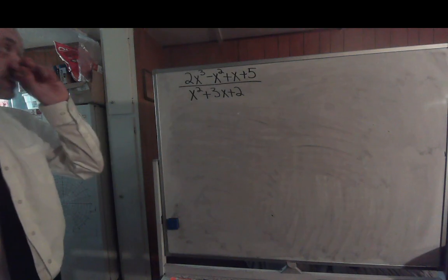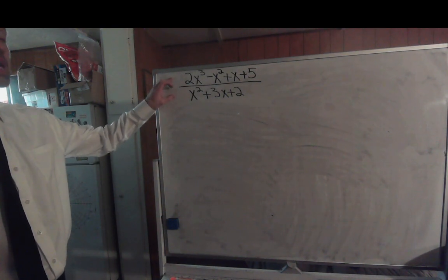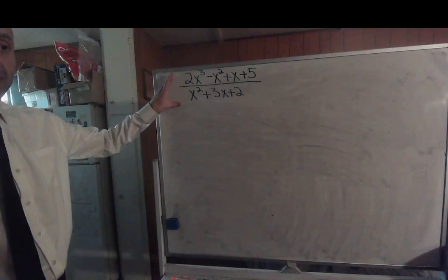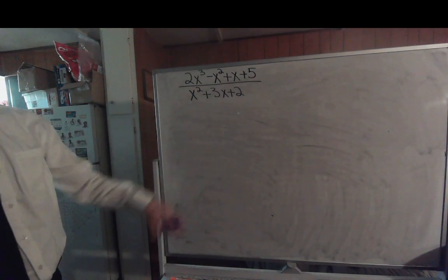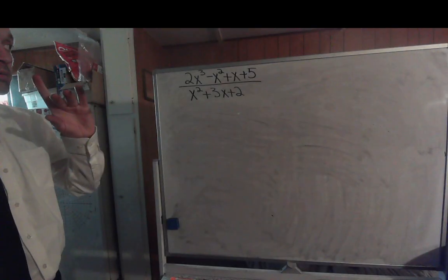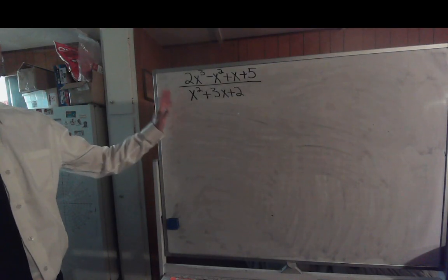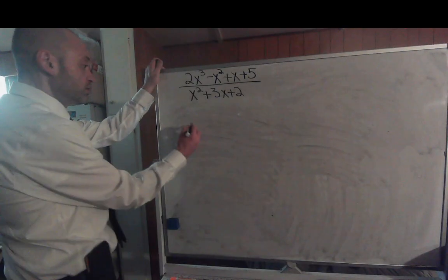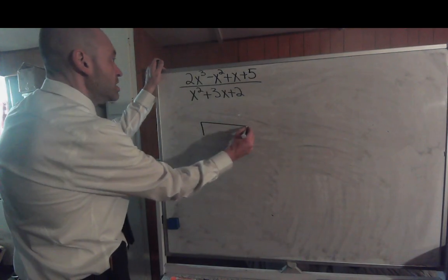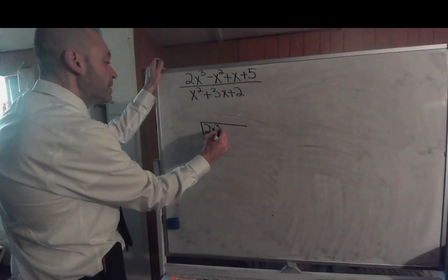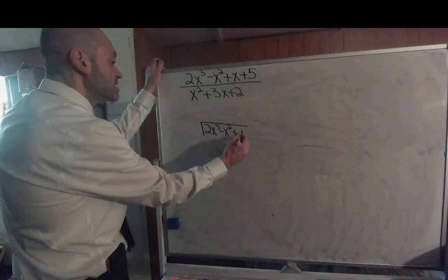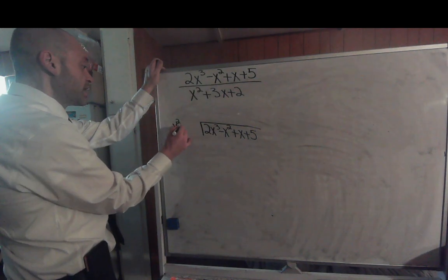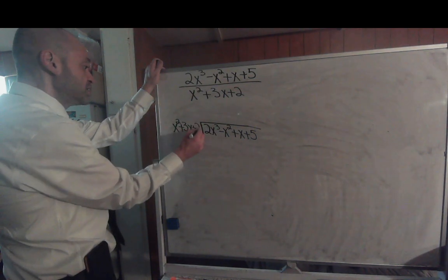So we can very clearly see the degree of the numerator is actually greater than the degree of the denominator. If it's equal to or greater than the degree of the denominator, what you first need to do is do your polynomial long division. So we're actually going to do some polynomial long division first. So 2x to the third minus x squared plus x plus 5, divide all that by my x squared plus 3x plus 2.